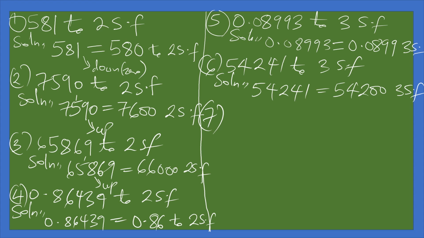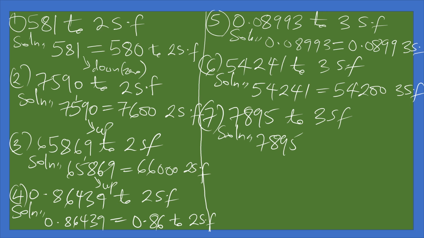You're asked to round off 7895 to 3 significant figures. Solution: 7895 will now be equal to what? Now we have 7 as the first significant, 8 as the second, 9 as the third.